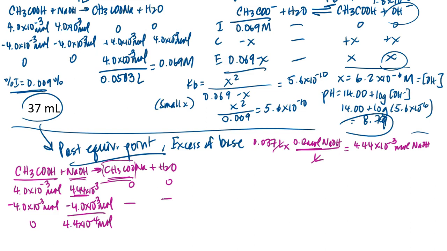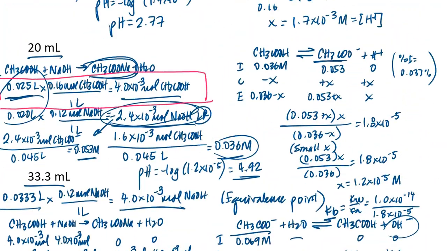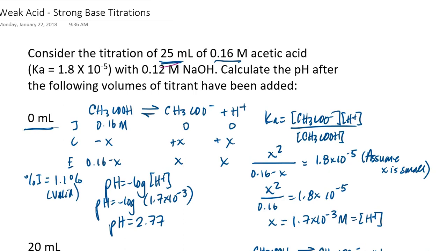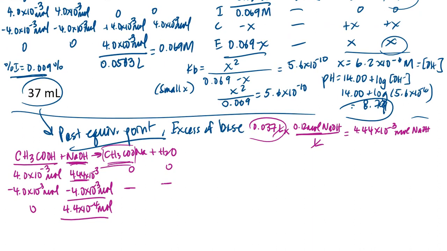And so that would mean that I can base the calculation of the pH of the system primarily off of, or actually solely off of, the moles of sodium hydroxide. And so if I go ahead and divide this through by the total volume of solution, so again that would be the 0.037 liters, all right, added to the initial 25 milliliters of the acetic acid, then that would mean I would have to divide through by 0.062 liters.